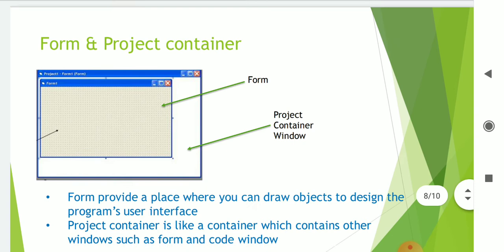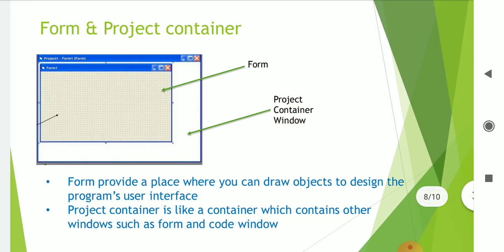Form and project container. See this, there is a form and the white screen is called the project container window. Form is the place where you have to put the particular object from the toolbox, such as button, radio button, checkbox, images. And the project container window is like a container which contains other windows such as the form or code window.